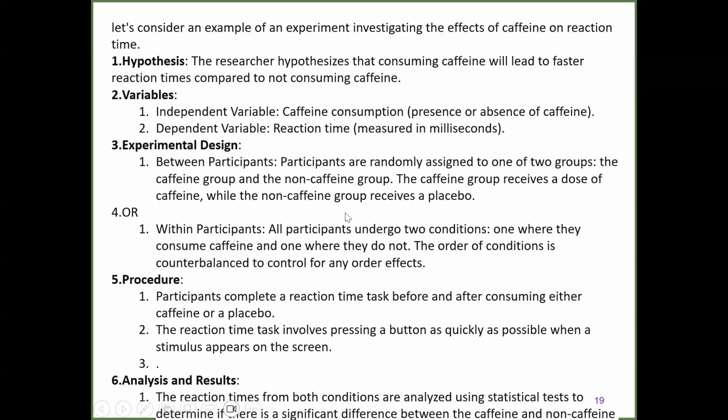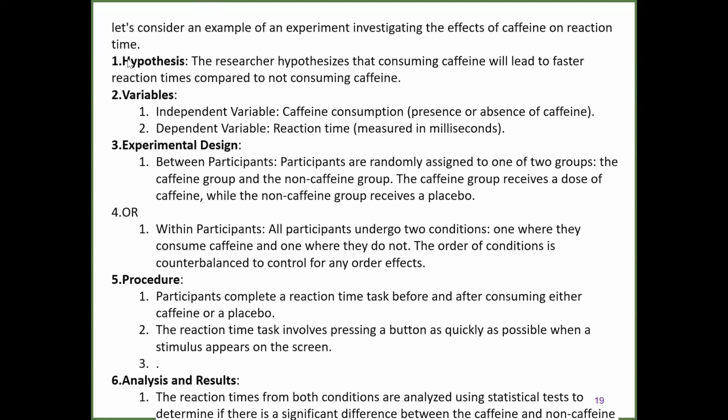Let's consider an example of an experiment investigating the effects of caffeine on reaction time. Caffeine is like the coffee that you drink. For example, caffeine makes a person awake and alert because it hits the brain, and the person who drinks coffee feels energetic.